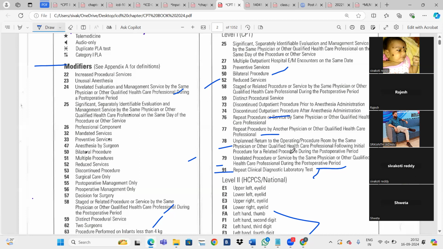Following an initial procedure, if the patient came to the operative room in the post-operative period for a related procedure, you need to add 78. Unplanned, same procedure, 78.